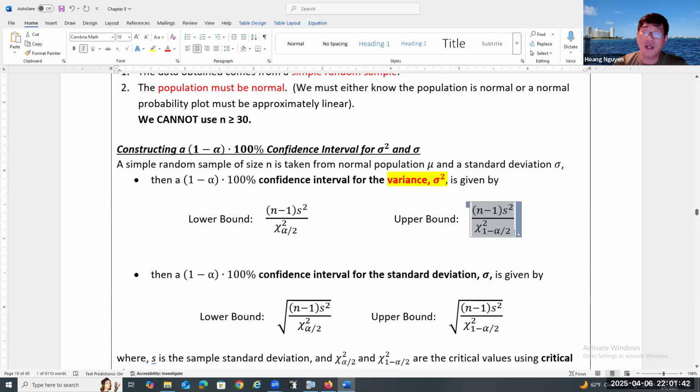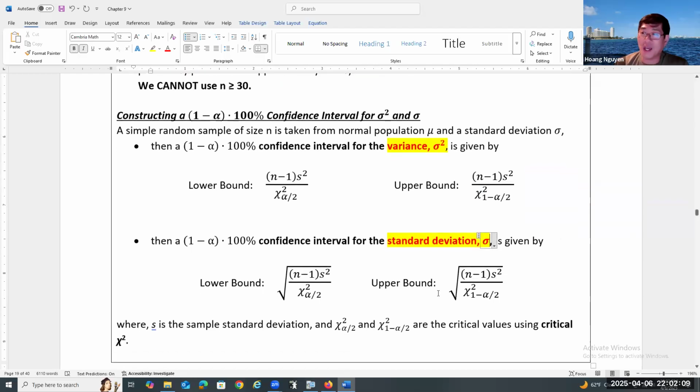And keep in mind, everyone, we use this formula to calculate the confidence interval to estimate the population variance sigma squared. So if the question asks you about the confidence interval to estimate the population standard deviation, we use the next formula. Yeah, so this is the formula to estimate the confidence interval of the standard deviation sigma.